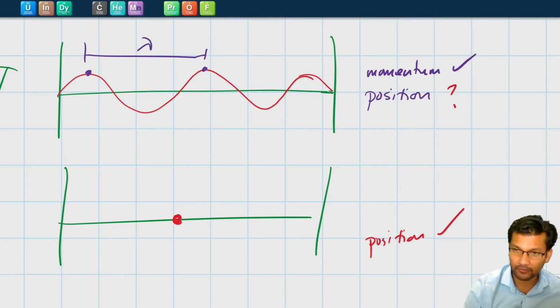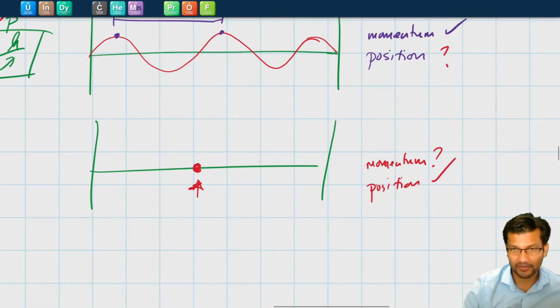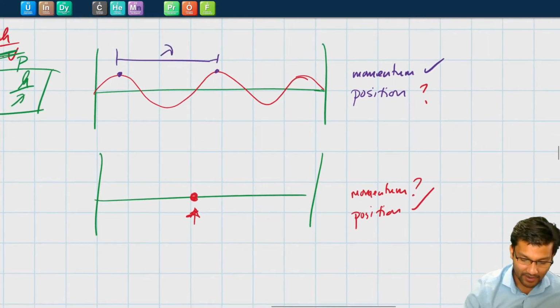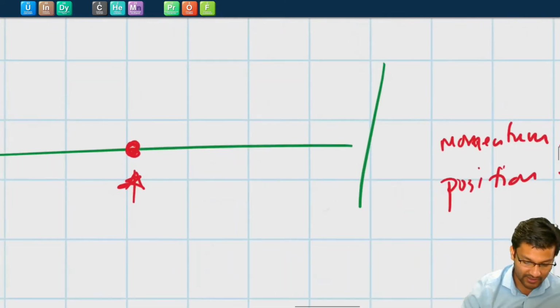What's the momentum? Well, to calculate the momentum, we need to figure out what the wavelength is. But what's the wavelength of that little dot? We don't know. So this is very simplified, by the way, in how we can use waves to determine momentums and position. The position one is a little bit more complicated.